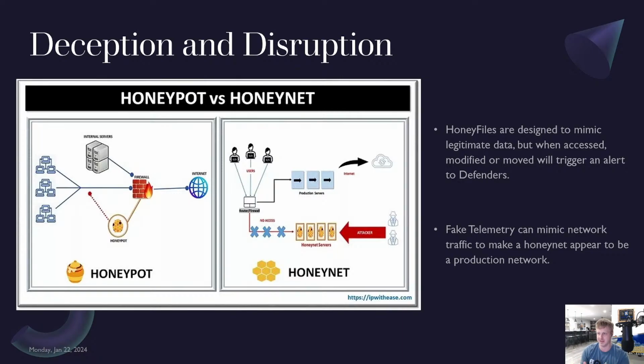But when that file is accessed, modified, moved, it'll trigger an alert, and you can use something as simple as Windows event monitor. You can have the system events trigger alerts and send it off to the SIEM system and log all that data for you. You have it dumped to a syslog server. Syslog is what I was looking for. But have it dumped off, and then you have all that data about who tried to access it and when.